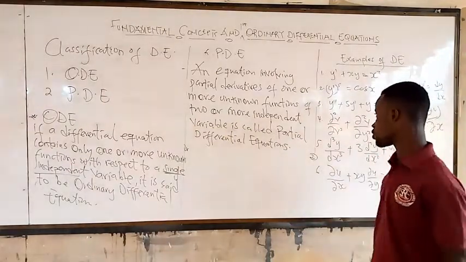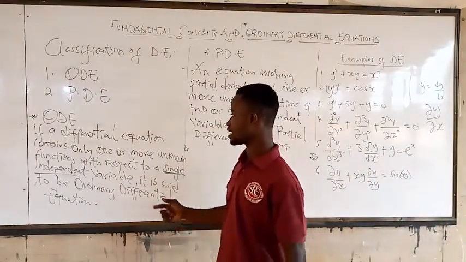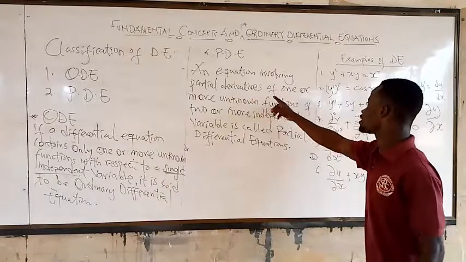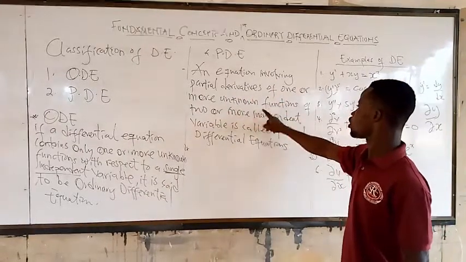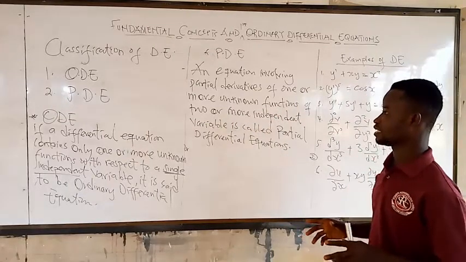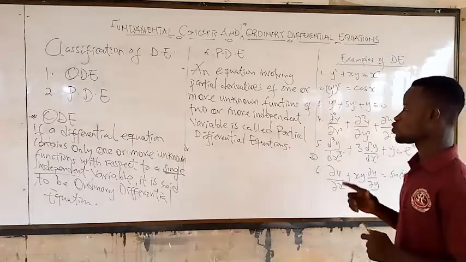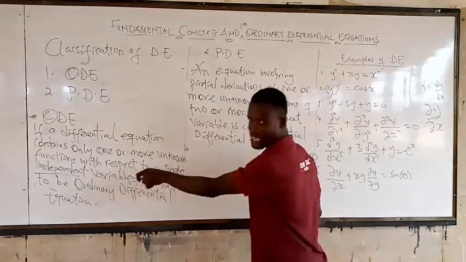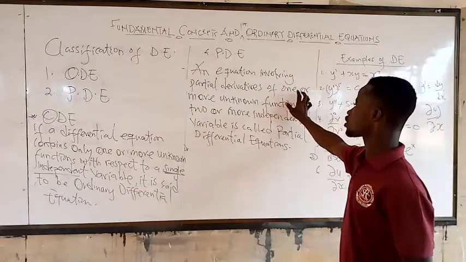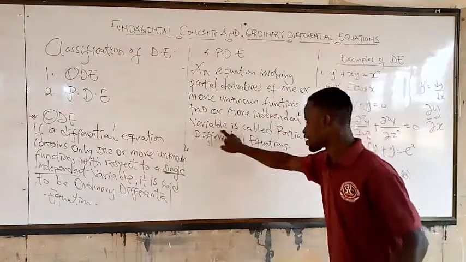Alright, let me explain something more. One thing you take note of here is that we are saying that the ODE contains one or more unknown functions with respect to a single independent variable, but the PDE contains one or more unknown functions of two or more independent variables.